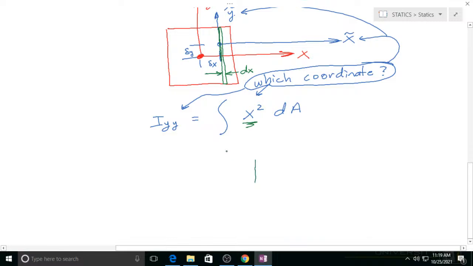let's put it like this, x from this original one plus delta x is equal to x bar.